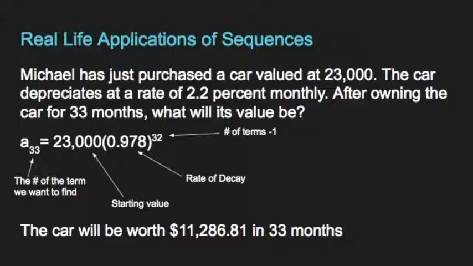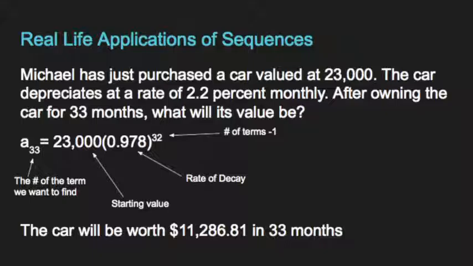So to find the rate of decay, we have to subtract 2.2% from 100%, which gives us 97.8%. And to put that into a decimal, it's 0.978. That gives us the rate at which it depreciates. The next step is to see how it's raised to the power of 32.